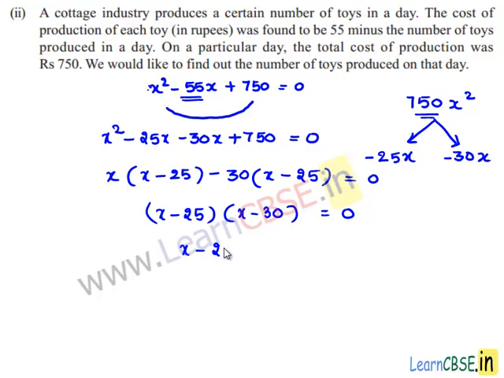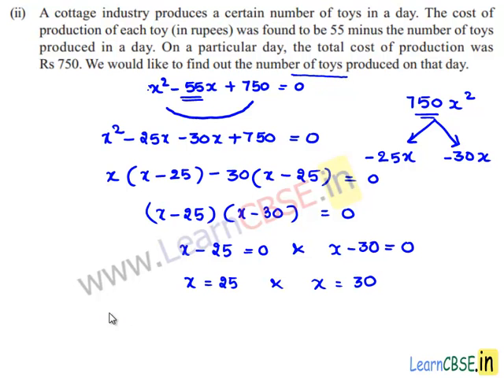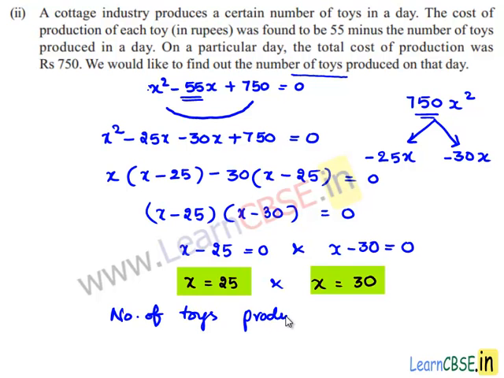We can write x minus 25 is equal to 0 and x minus 30 is equal to 0. So x will be 25, also x will be 30. Here we need to find the number of toys produced on that day. The number of toys produced is equal to either 25 or 30.